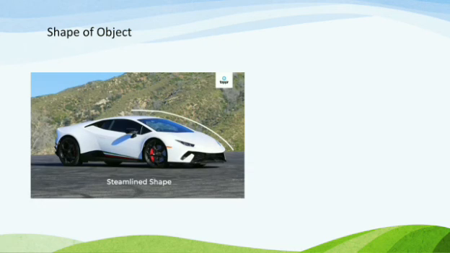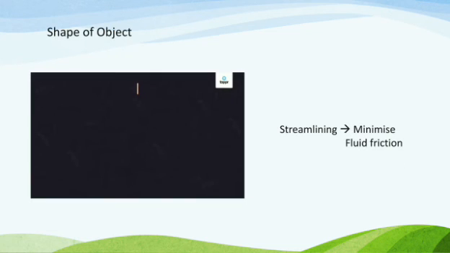These shapes reduce the frictional force, and this shape is called the streamline shape. Streamlining minimizes the fluid friction. Not only boats and aeroplanes but also sports cars are designed with a streamline shape.